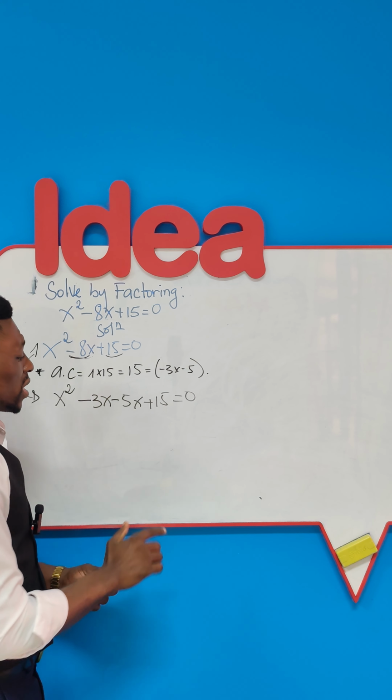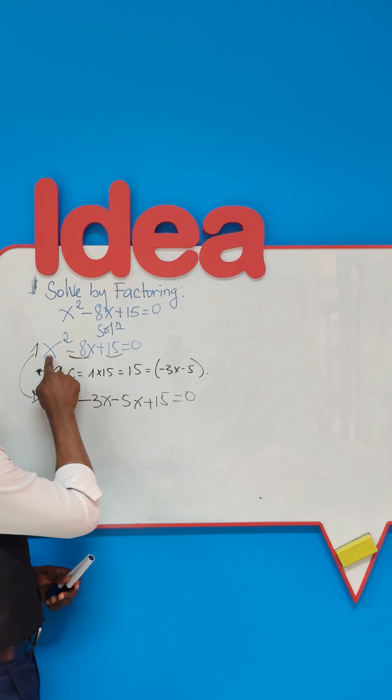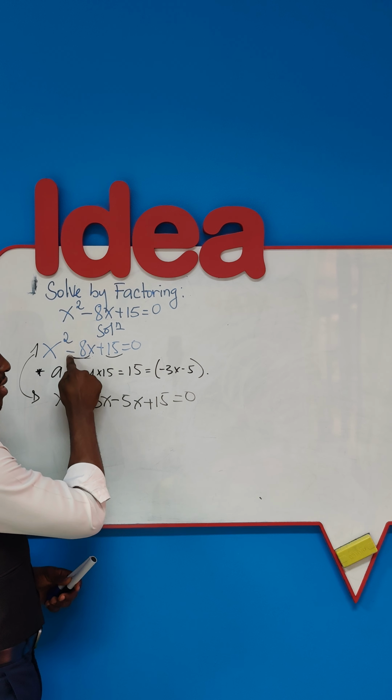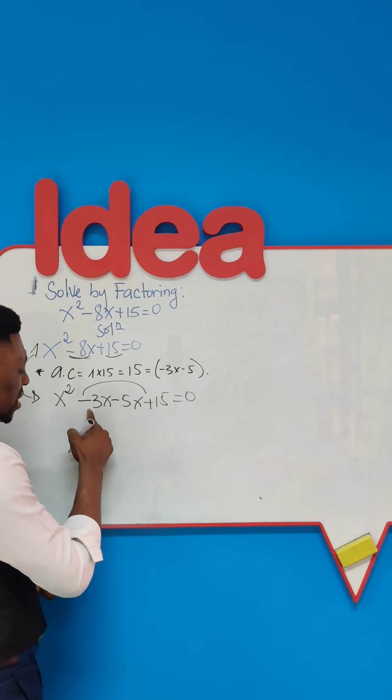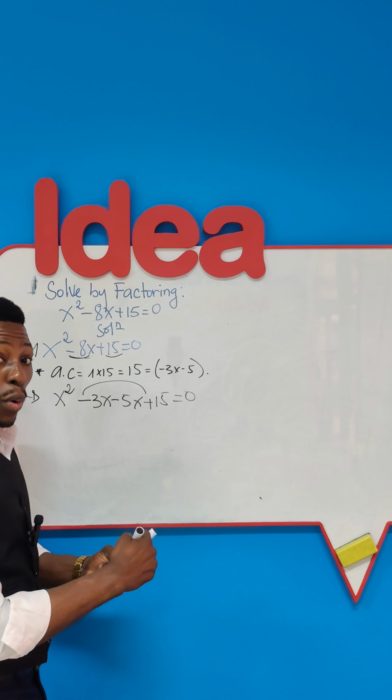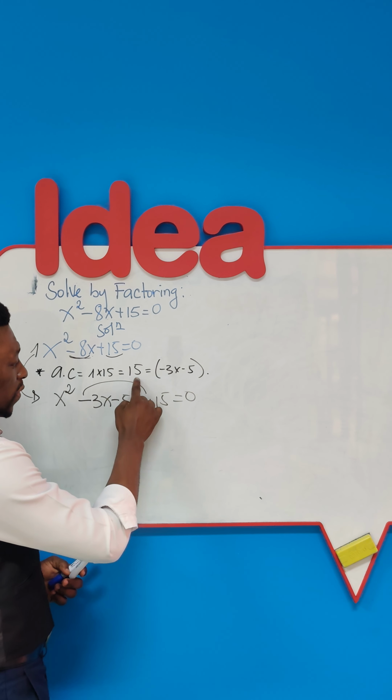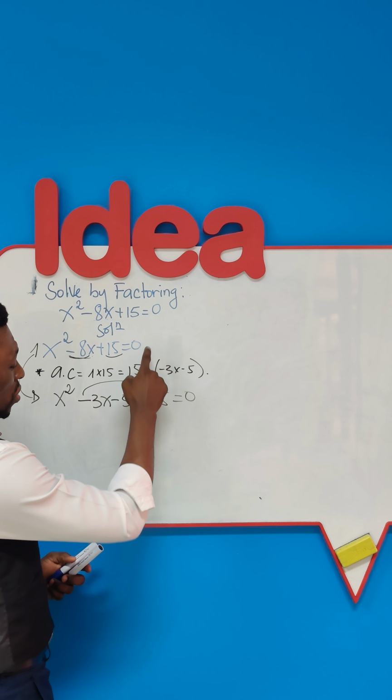Observe something here, dear friends. I haven't changed anything, because this x squared is it, this negative 8x is it again, just decomposed, and then this 15 and equals 0.